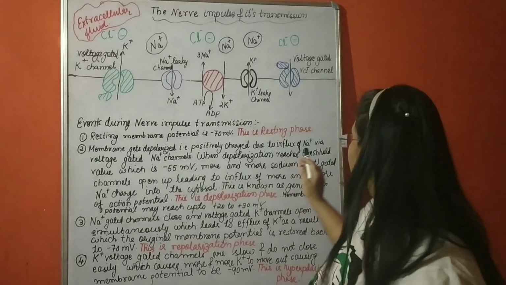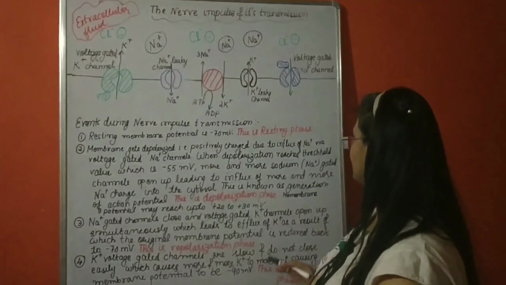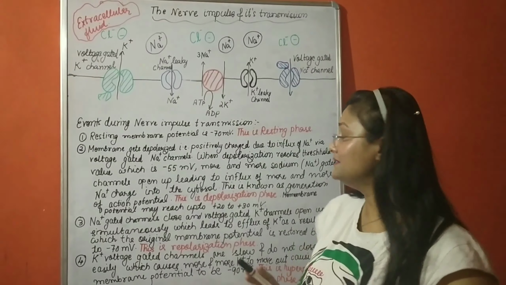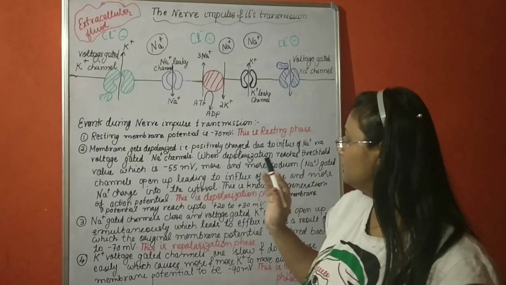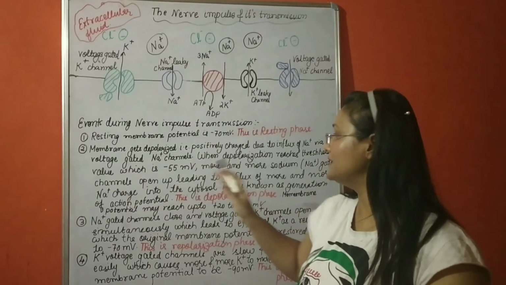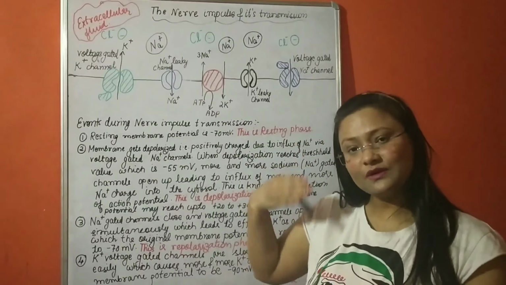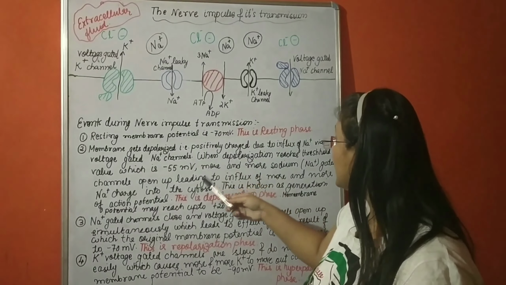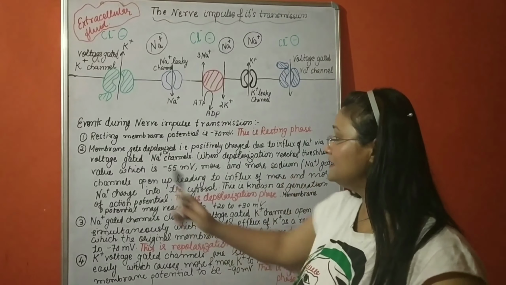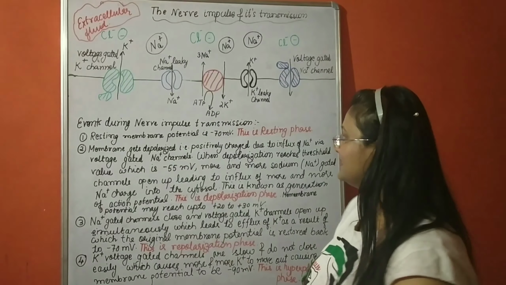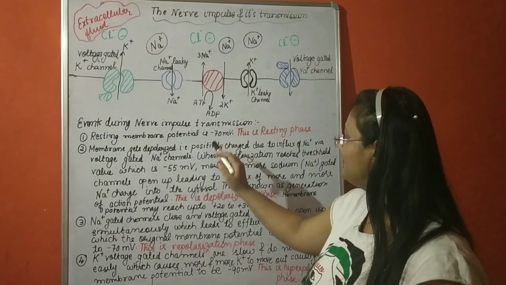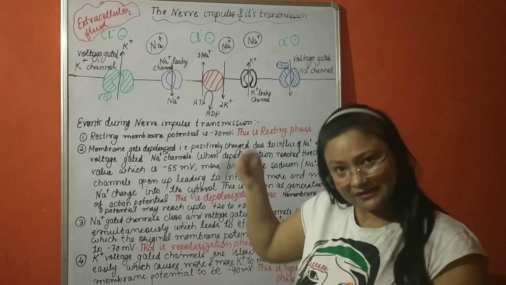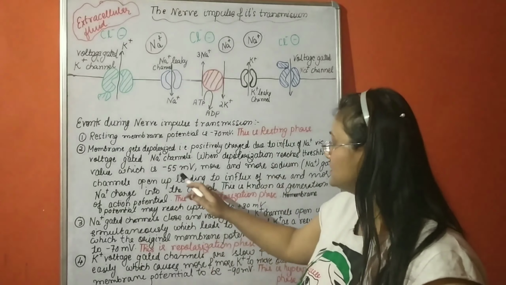It happens due to the influx of sodium ions via voltage gated sodium channels. That means voltage gated sodium channels open up, due to which sodium comes inside the neuron. Since it is minus 70 millivolts and sodium is coming inside, the membrane becomes more positively charged.